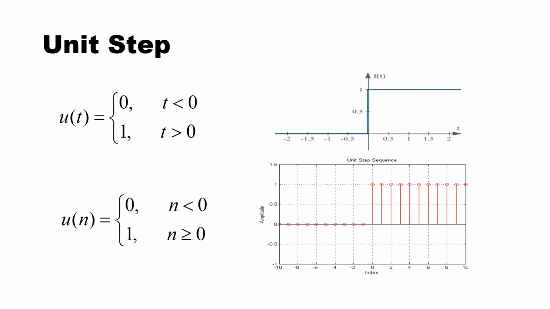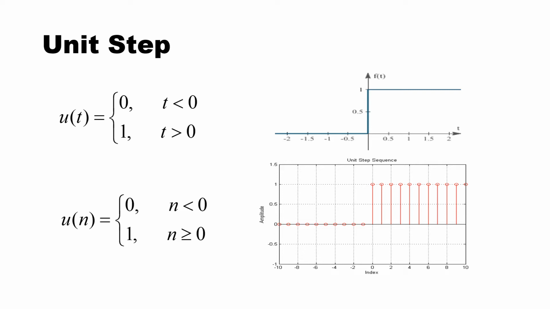So the first is unit step. On the top, you can see here the unit step function in continuous time. It is also called Heaviside function. We have 0 for t less than 0 and 1 for t greater than 0.